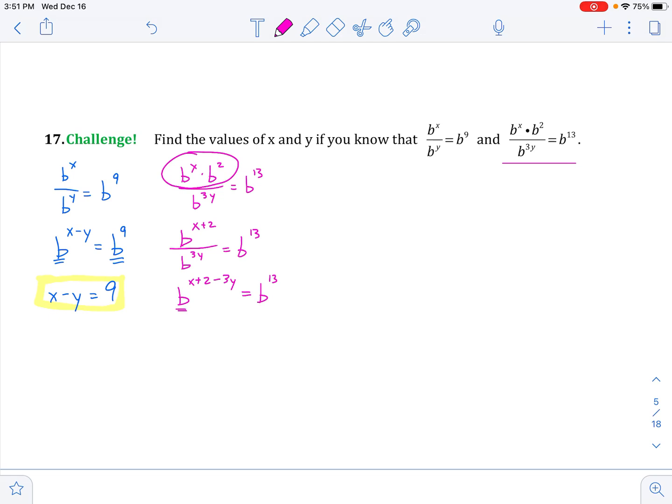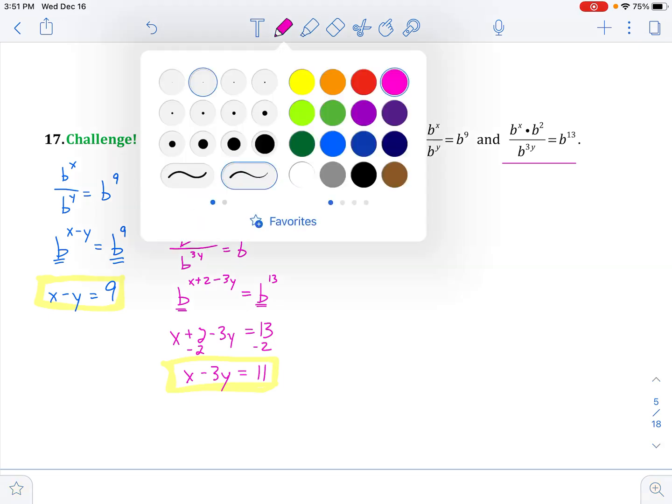And then again, if these b's are both equal, I know that the exponents would have to both be equivalent as well. And we can set this up, clean it up a little bit, and we get x minus 3y equals 11. And that there is my second equation.